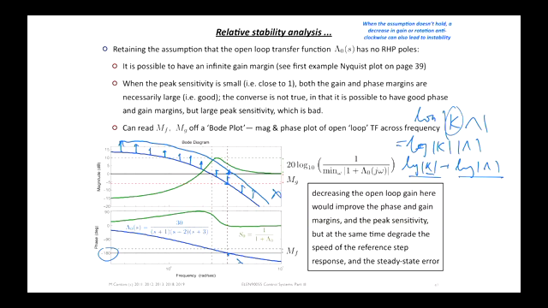So the frequency doesn't change. But scaling by k does change the crossover frequency. By multiplying by a number bigger than 1, you shift everything up on the magnitude plot, and in doing so we've moved the crossover frequency from here to here. We've changed the crossover frequency.